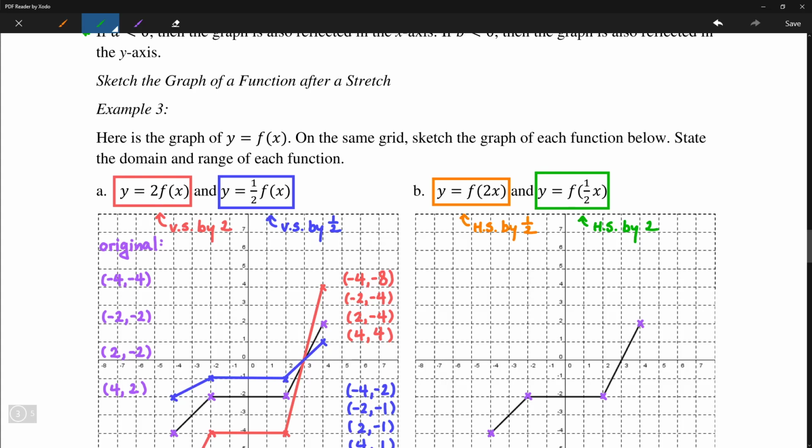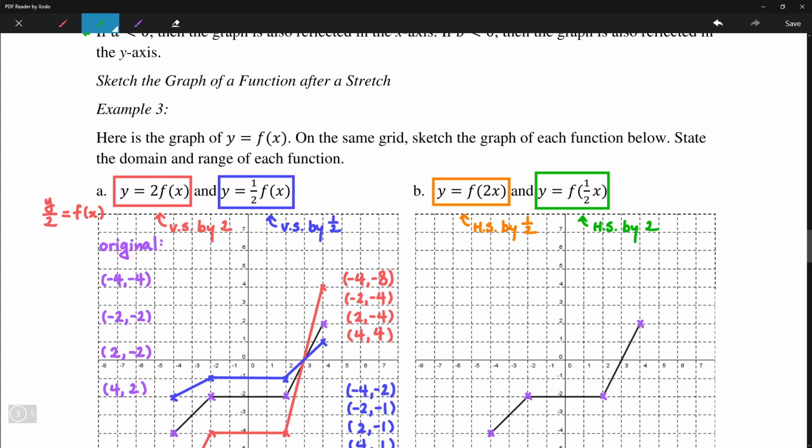And a good way to think about this is in the vertical stretches, if we were to place the a value, and that is the 2 or the 1/2, with its variable, which is y, we get y over 2 is equal to f of x, and that's a vertical stretch by 2.